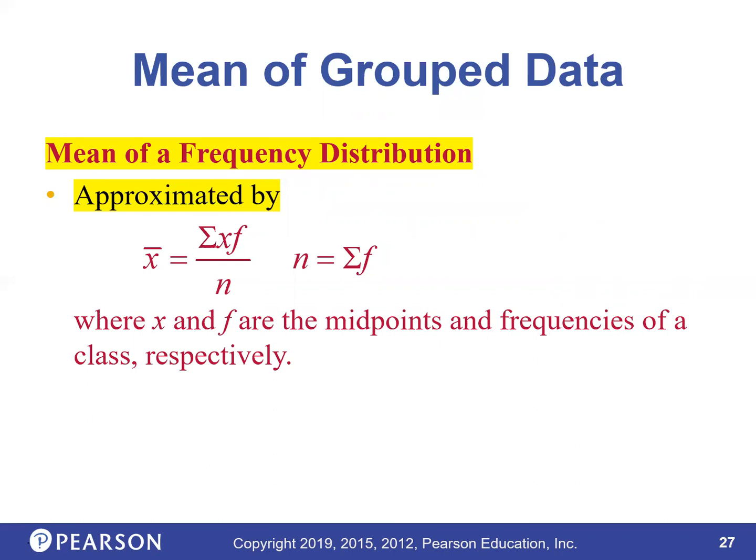X bar, or sample mean, is all the X's, and then all the times X has occurred. Very good. That's kind of what we're looking at.